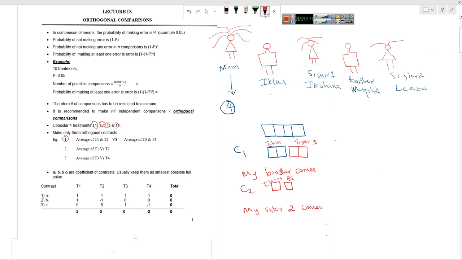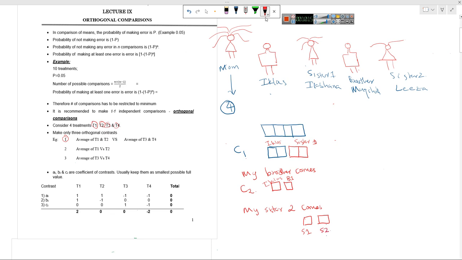So what will happen? She will also ask for 1 chocolate, but I can't give her because I have already shared with my brother. So my first sister will share one chocolate with her. I will not do anything, but she will give one chocolate to her sister. So this is for sister 1, this is for sister 2.